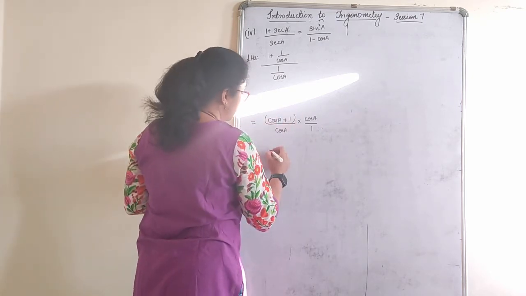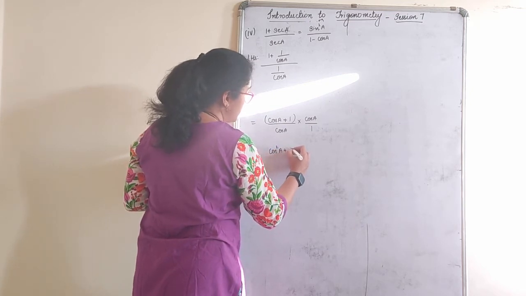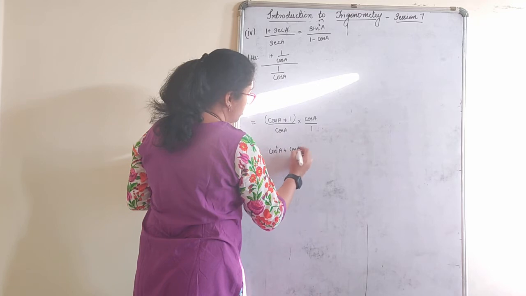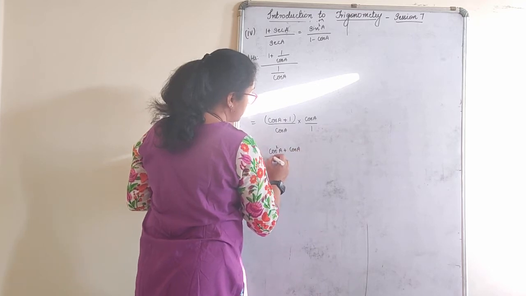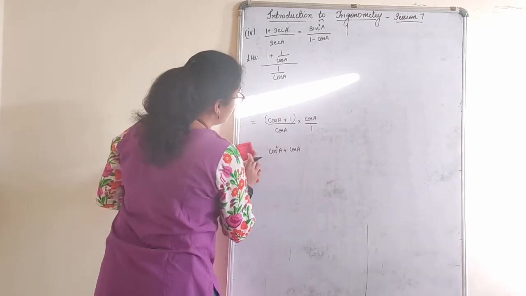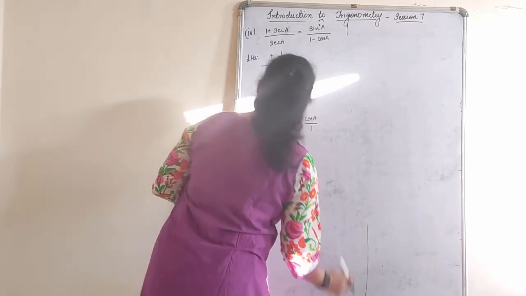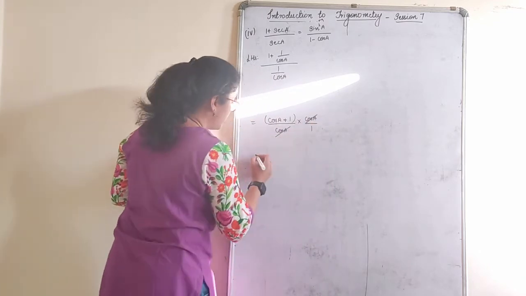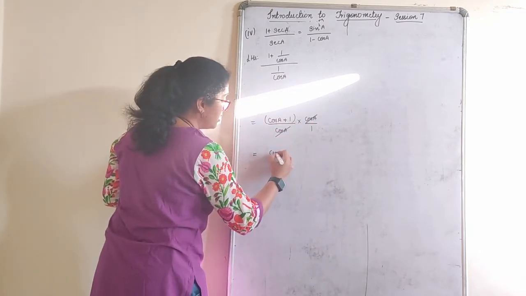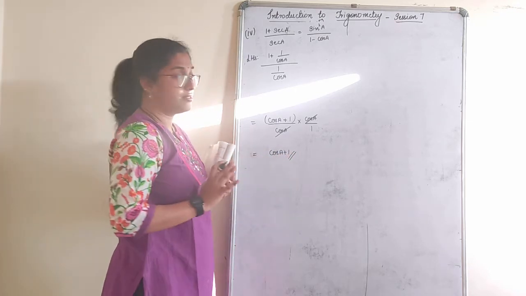Multiply. Don't expand this, keep it as it is, otherwise you will get the same thing. So cos A by 1 upon cos A cancel. What did you get as the answer? Cos A plus 1. Keep it as it is.